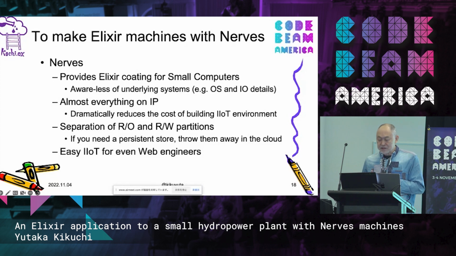It also reduces the cost of handling IoT systems because it works almost on the IP protocol. Therefore, it is possible to apply engineers, even those who do not know IoT very well. For example, web engineers, we can hire and they can work on the industrial IoT products.